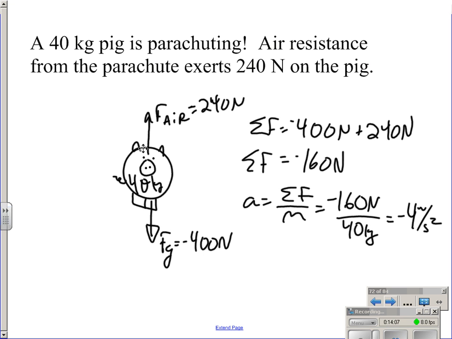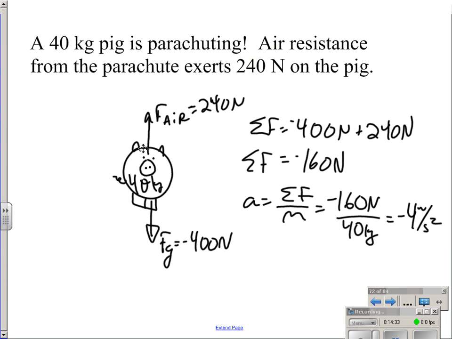Now, an interesting thing happens here. It turns out that air resistance depends on a few things, the size and shape of the pig, density, that kind of thing, but also it depends on the speed of the pig. So this pig is accelerating downwards, and it turns out, and you want to write this down, the faster an object moves, the greater the force of air resistance. Write that down. The faster an object moves, the greater the force of air resistance.